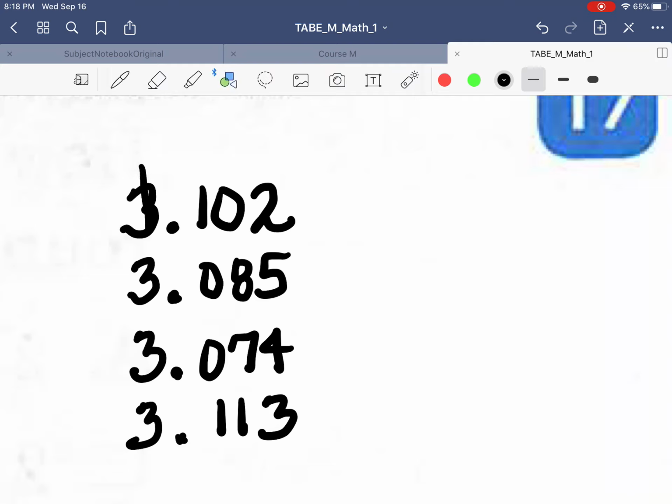We can't tell anything here. They're all the same. In this one, I have 1, 0, 0, and 1. So I want to focus on this one and this one, the zeros. Is 085 or 074 smaller? 074 is the smallest.